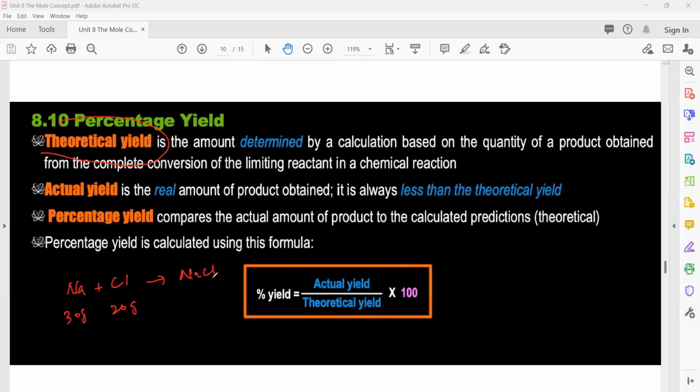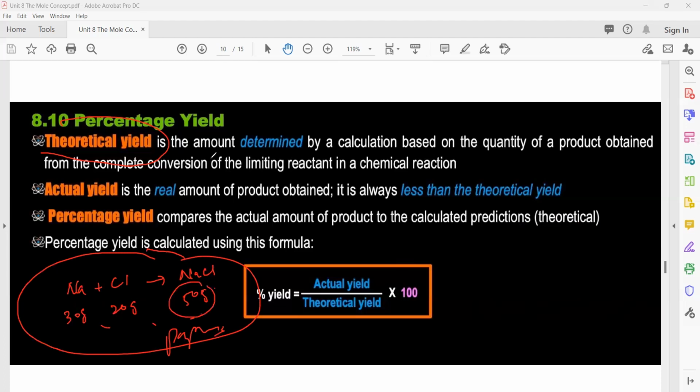So I will get how much? 50 gram. So this I am doing on paper, a paper calculation. I will do the experiment like this and I will get like this. So on paper, whatever product I am getting, that is known as theoretical yield. I mean, just according to the theory.